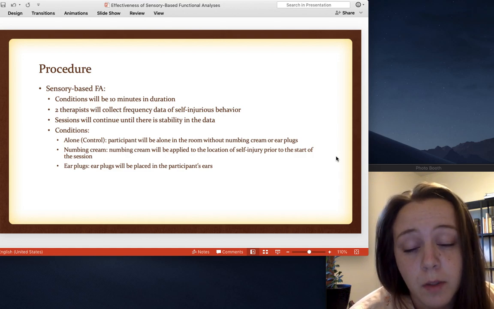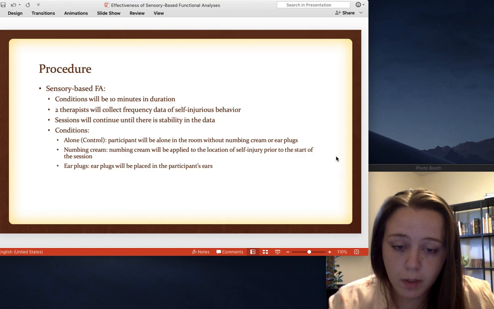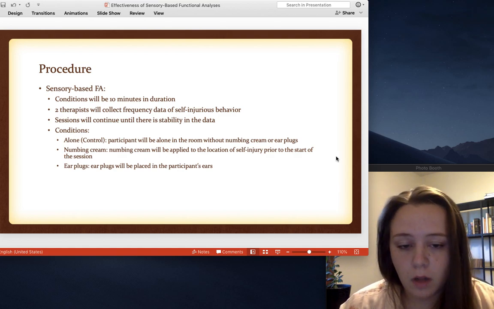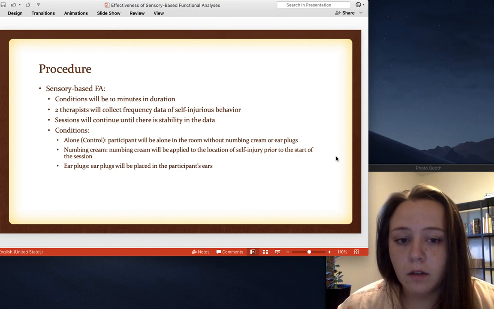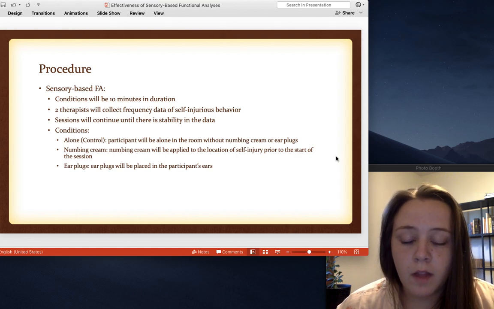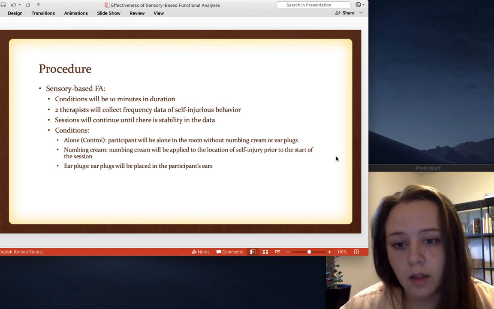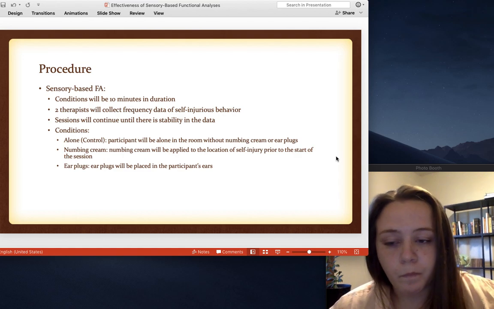We would possibly see the rates increase momentarily for that short period of time while we have that extinction burst, or possibly longer, and then possibly drop. The main thing is if rates are higher or lower than the alone condition, it's very likely that there's something going on with the actual function.